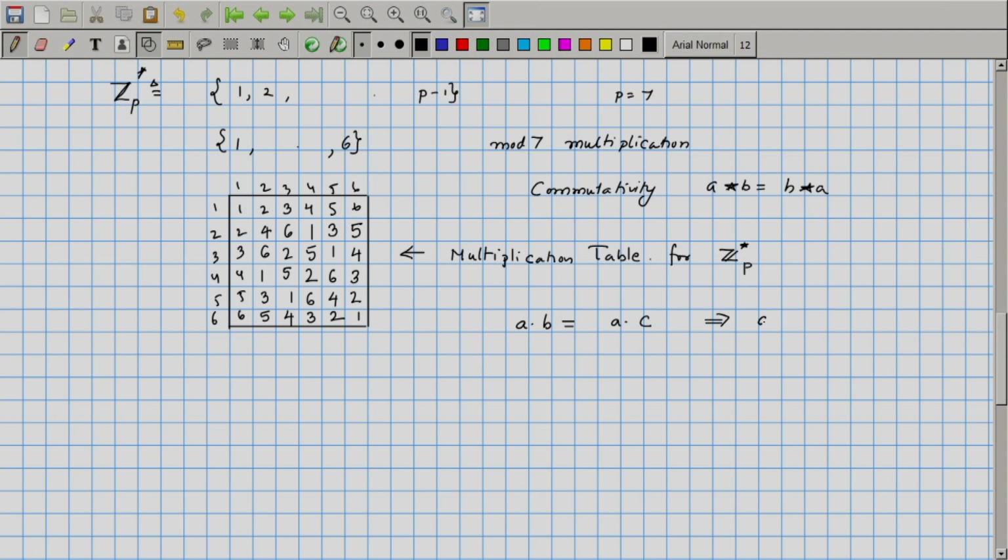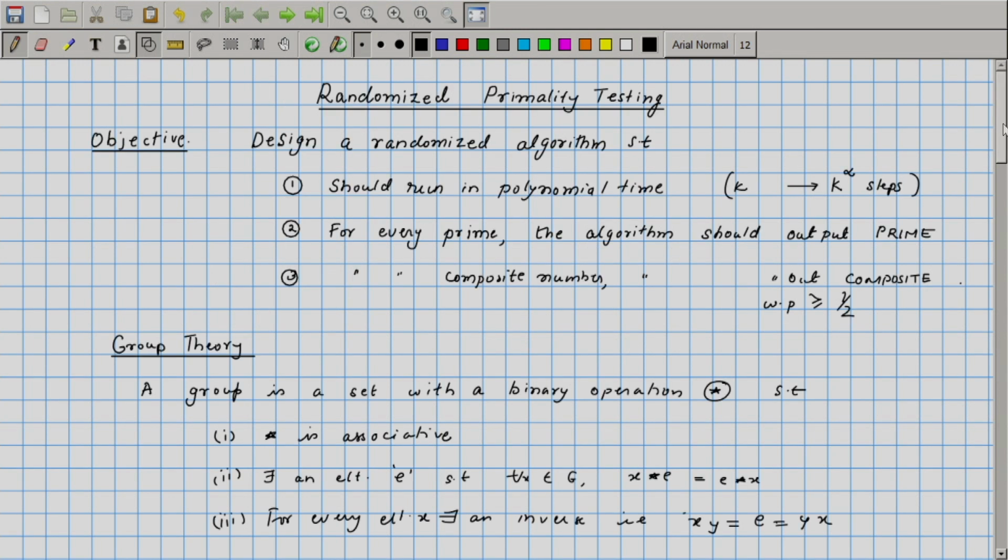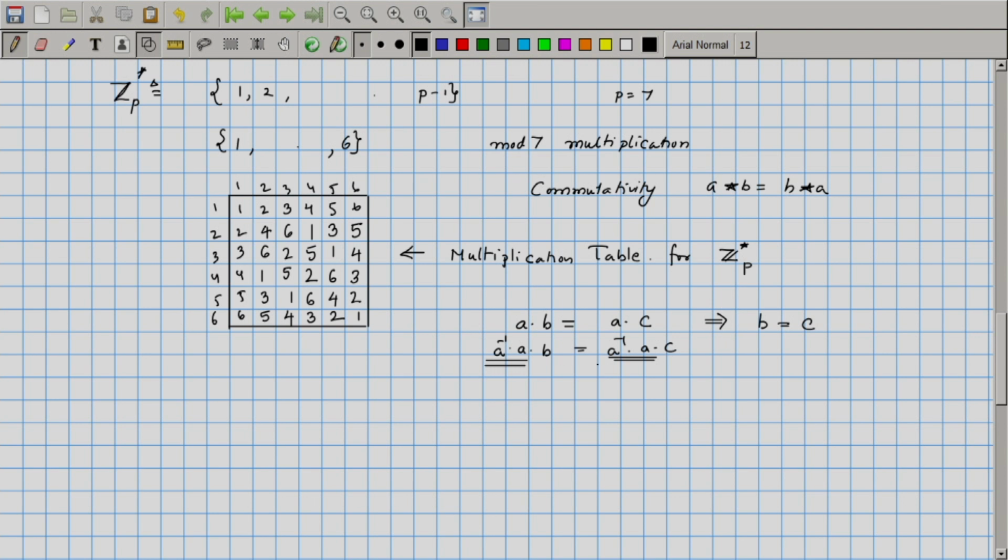We multiply both sides by A inverse: A inverse times A times B equals A inverse times A times C. This gives identity on both sides, and identity times anything is itself. So, we can conclude that B must be equal to C. We can basically do cancellation.